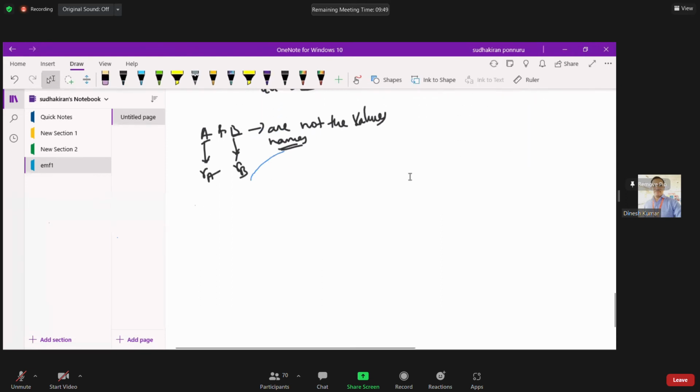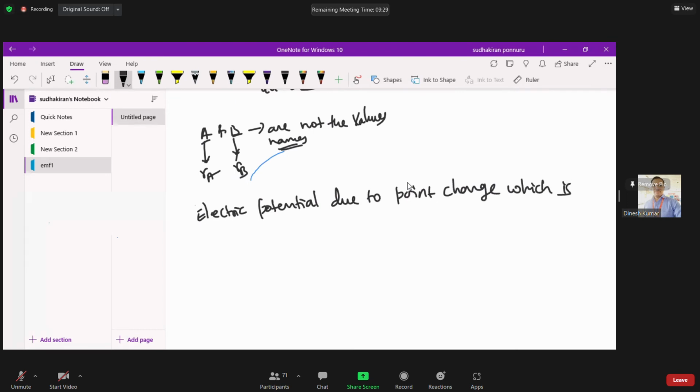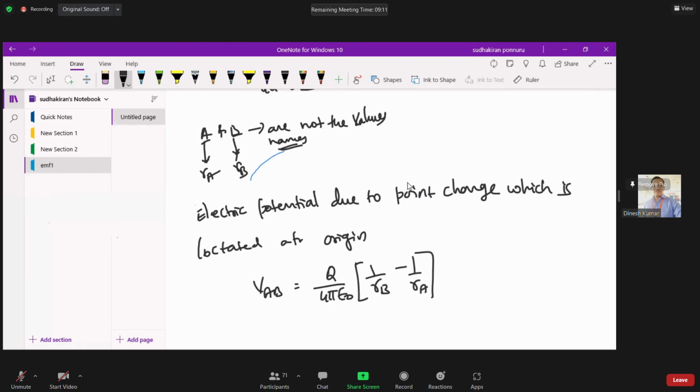Therefore, finally, what is the expression? The electric potential due to a point charge located at the origin is given as VAB equal to Q divided by 4 pi epsilon naught into 1 by RB minus 1 by RA.